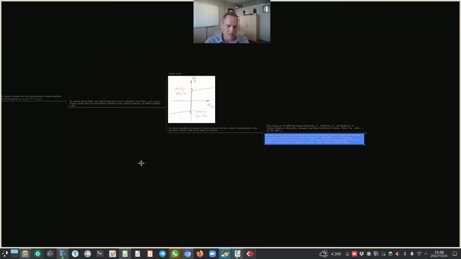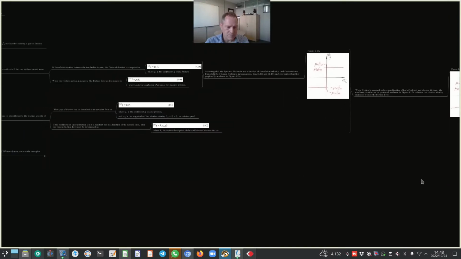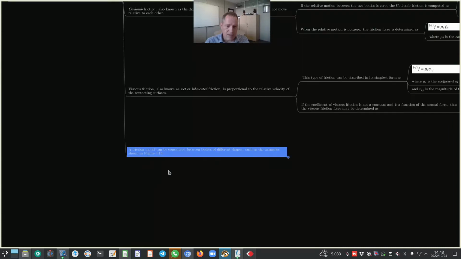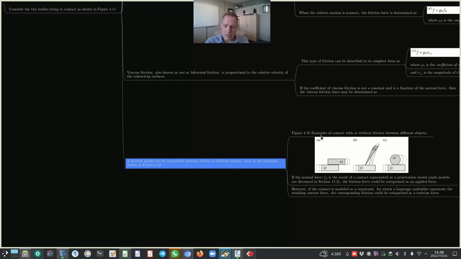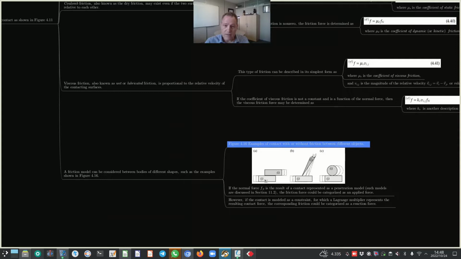Okay, so to wrap up this section of the lecture, a friction model can also be considered between bodies of different shapes, such as the example shown in figure 4.16. Okay, so two rectangular blocks, if we look at the planar representation, or a sharp object on a flat surface, or a round object on a flat surface.